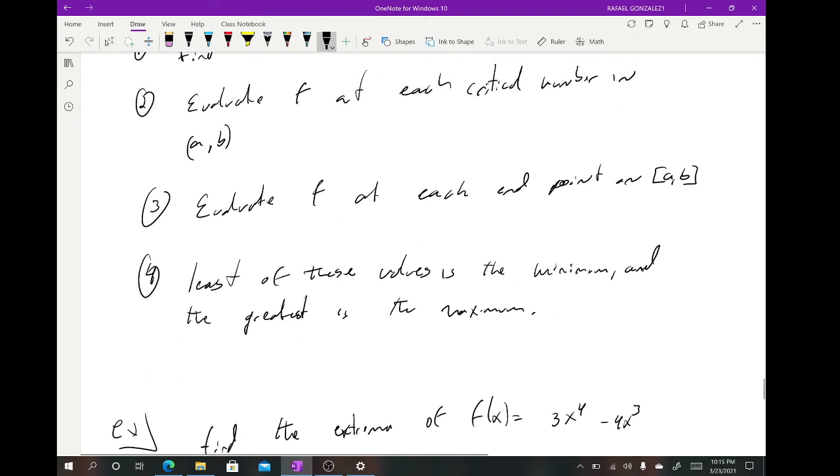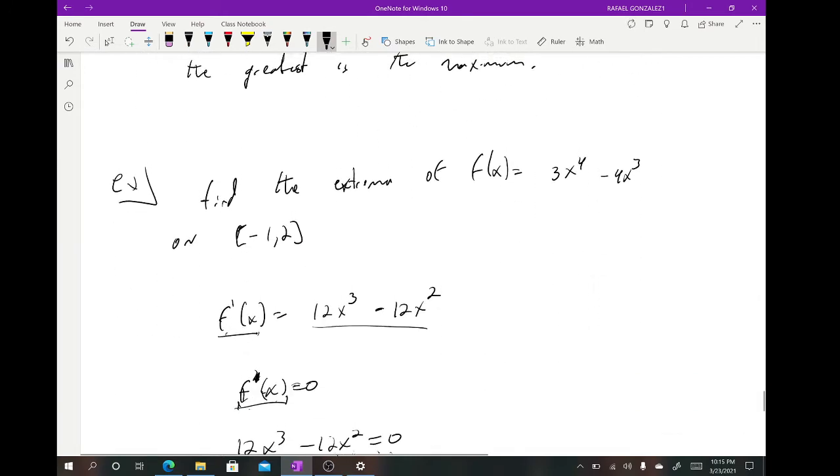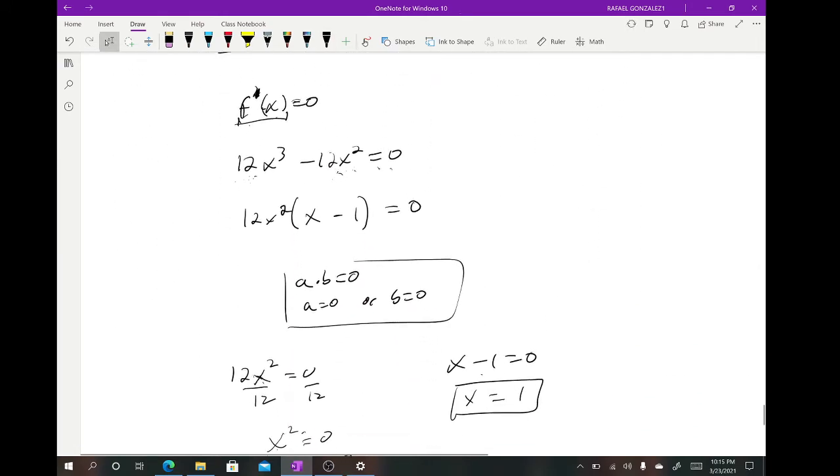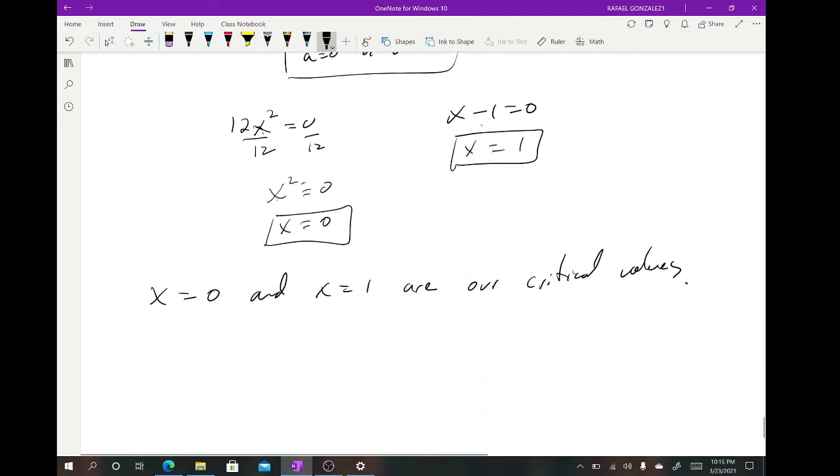Now, the second step, once we have found the critical numbers, is to evaluate each critical number in f. That means evaluating x = 0 and x = 1 in the original function f. So let me rewrite f.